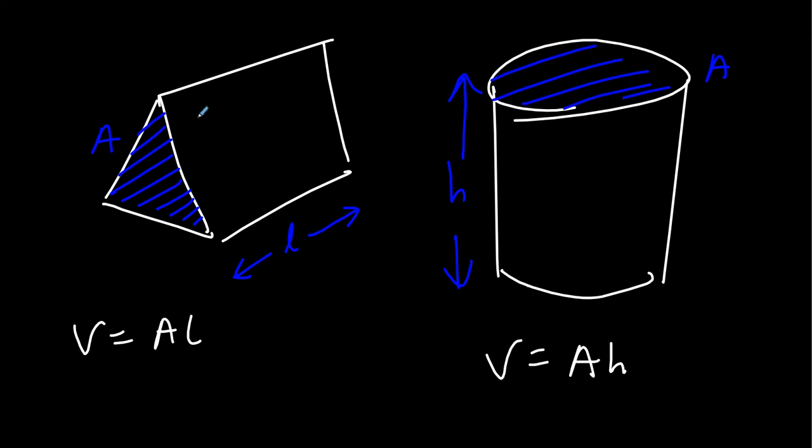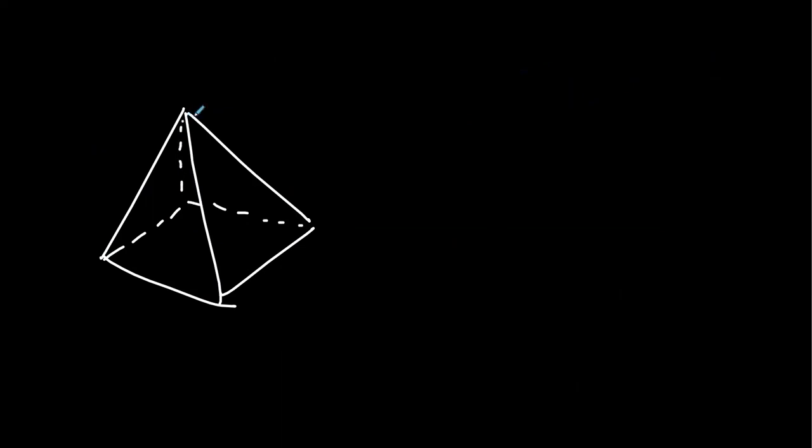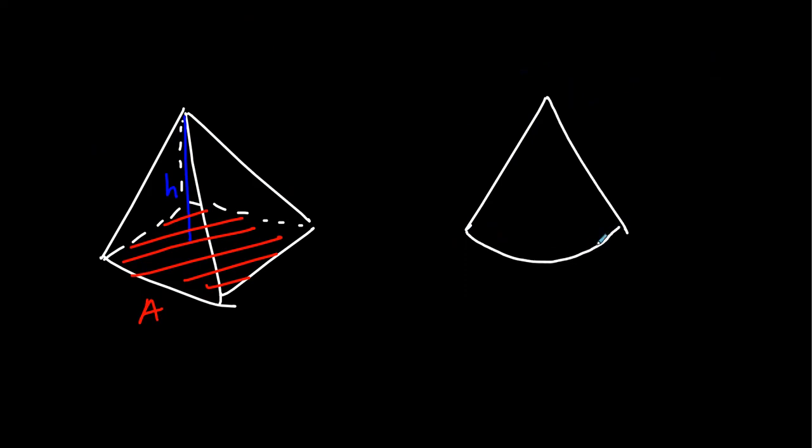And then we have pyramids and cones. These ones are in the formula sheet, and I'll just indicate that by putting a tick next to the formulae. So if you have the height of the pyramid, and then you have the area of the base as well, and then you have a cone as well, so I'll just draw a cone.